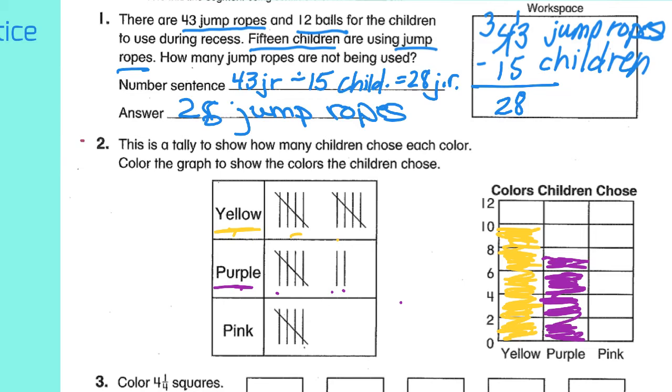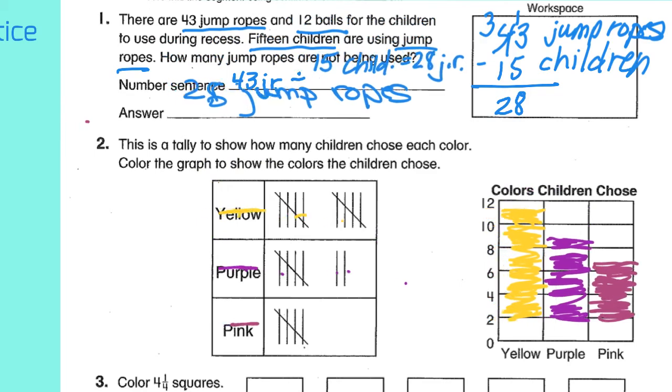Next, we are going to use pink, kind of pink. We have 5 in the pink column, so we're just going to color in 2, 4, and half of that block to indicate 5.